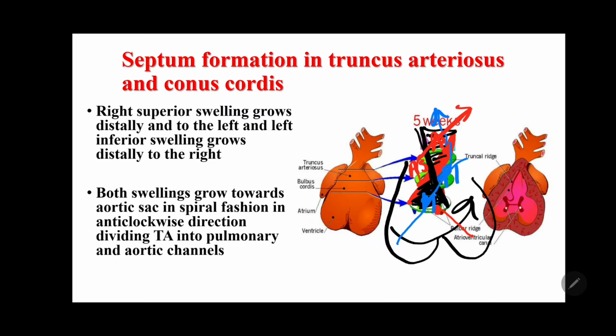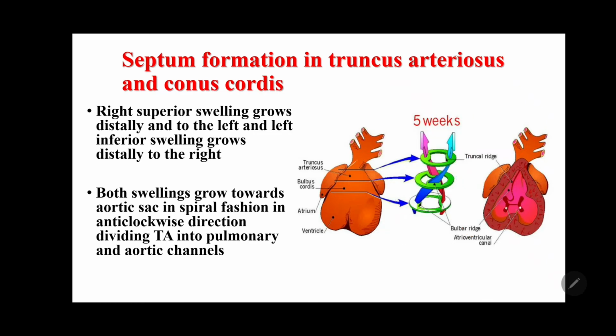So there are two opposing channels for the outflow of the blood, but the division is in a spiral fashion. This spiral septum is formed due to the direction of the blood flow and also by the cardiac neural crest cells. So these two truncal ridges are growing towards each other in an opposing fashion, in a spiral fashion, in anti-clockwise direction, dividing the truncus arteriosus into an anterior pulmonary trunk and posterior aortic sac in the proximal portion.